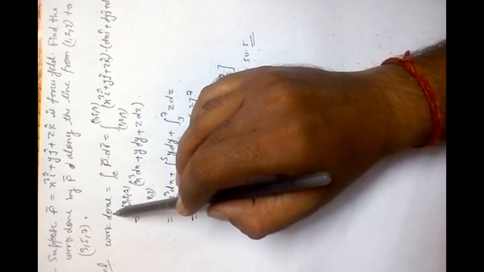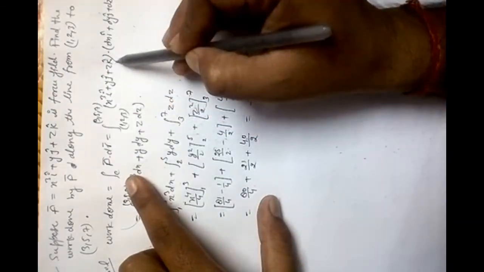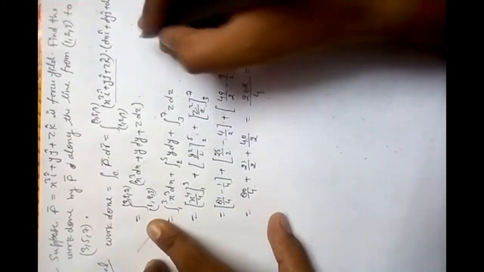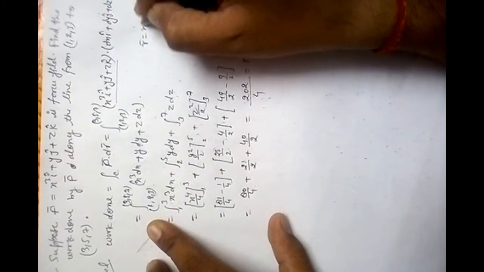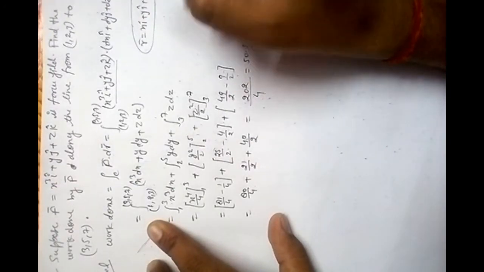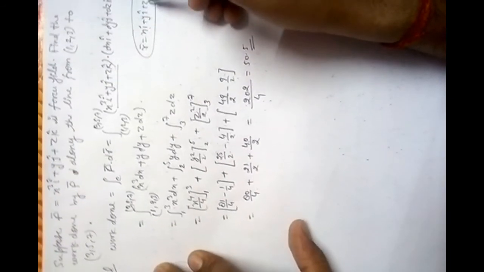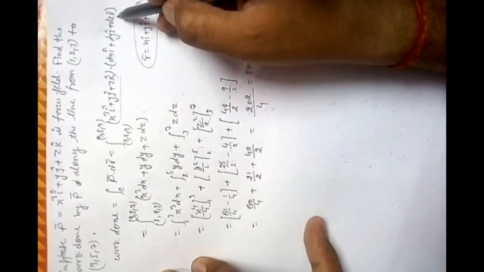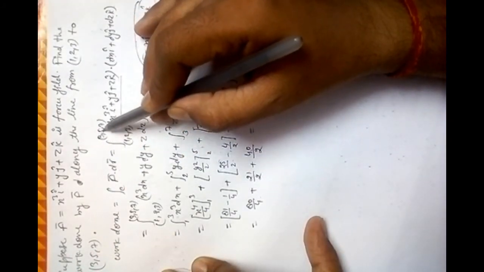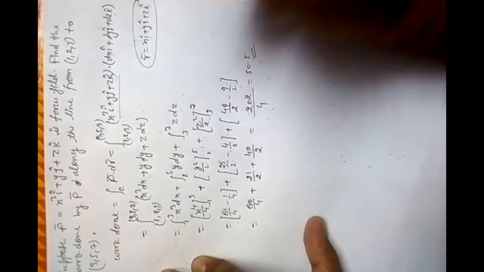So the work done formula is F dot dr. The value of F put here, and dr means r is equal to xi plus yj plus zk. So dr means dxi plus dyj plus dzk put here, and the integration limit is 1, 2, 3 to 3, 5, 7, x to x, y to y, z to z according to positions.